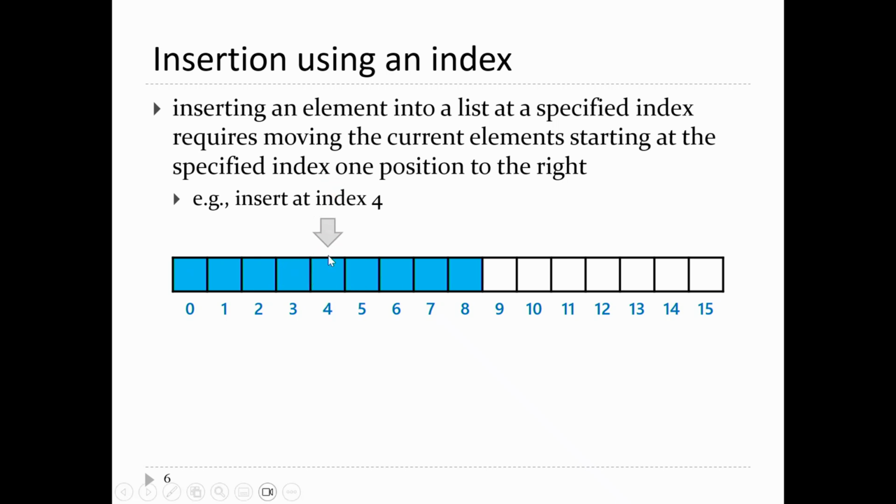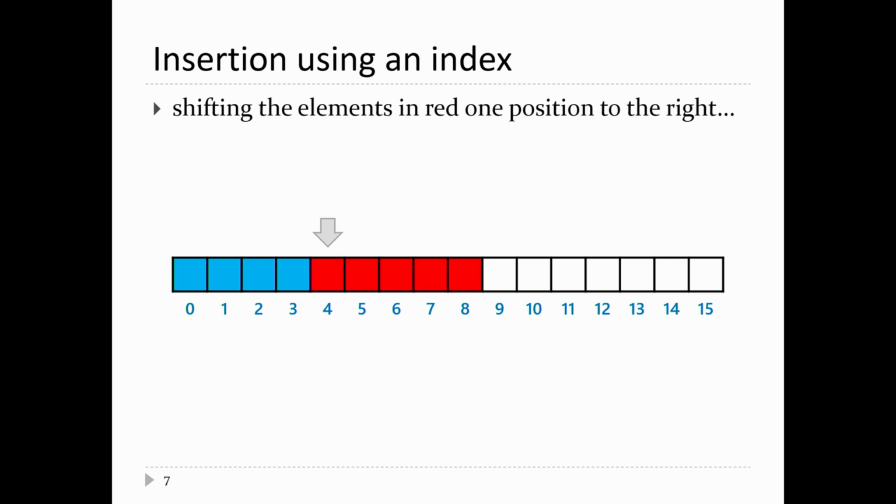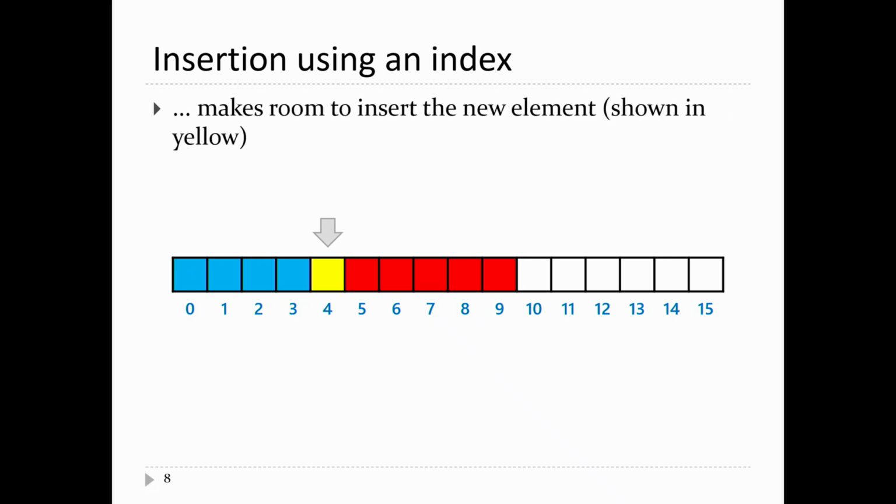I'm not replacing the element at index 4, I want to insert at this index. So I need to move the elements at indexes 4 through 8 somewhere in the list so that I can squeeze in a new element here. I need to move those elements in red one position to the right. By moving them one position to the right, that frees up the element at index 4. So now I can add my new element at that index.